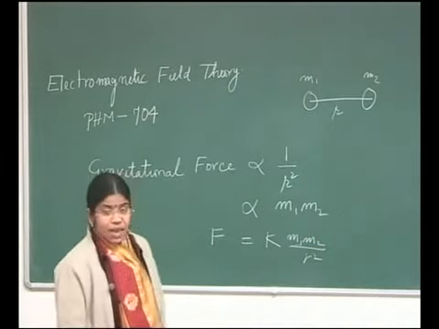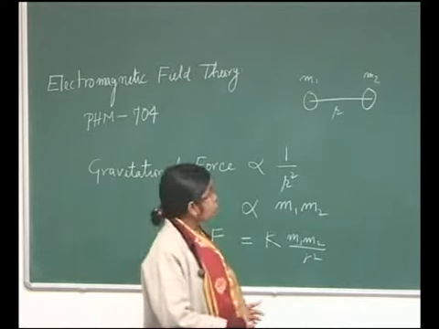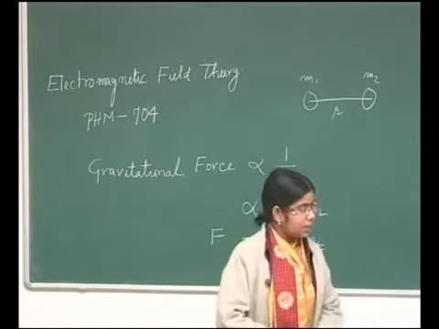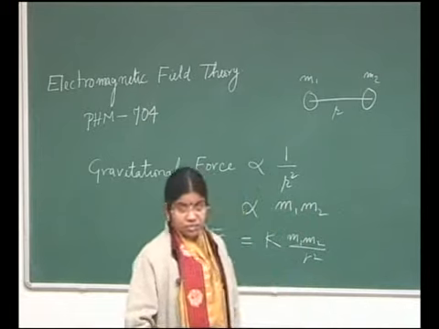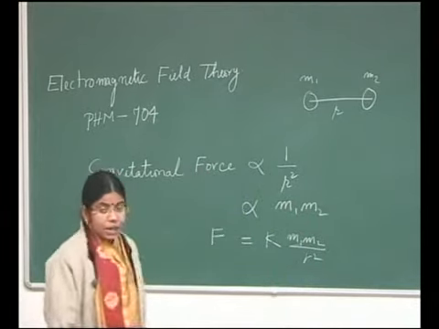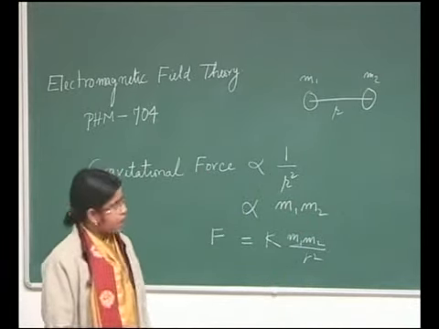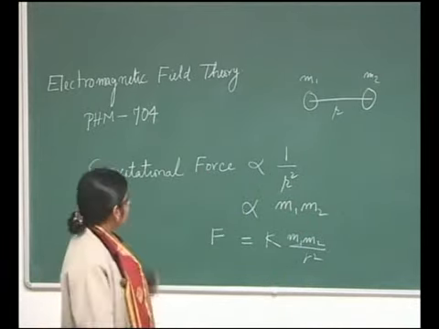There is yet another force. This gravitational force acts on macroscopic bodies on a macroscopic scale. There is yet another force which is billion times larger than this gravitational force. This force is called the electrical force.